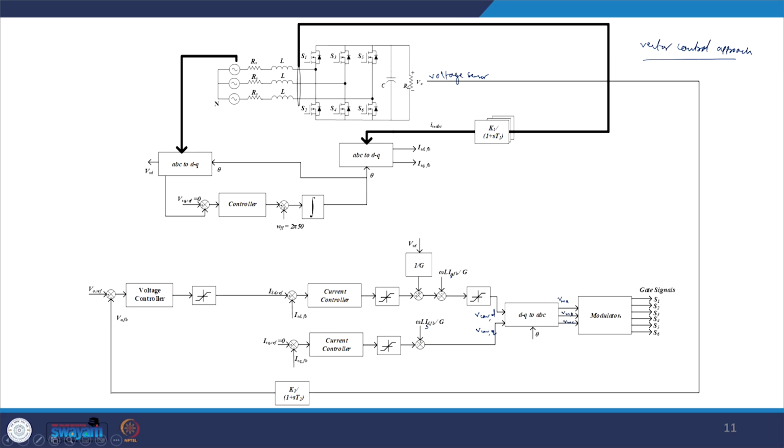The modulator is nothing but comparing this modulating wave with the triangular carrier going from 0 to 2 VC, and that is when we will get the required S1, S2, S3, S4, S5, S6 gate pulses, because we just do the comparison. If my modulating wave is greater than the carrier, then the top switch is on in that phase, and if the modulating wave is smaller than the carrier, then my bottom switch is on in that phase, and that gate signal goes to do the gating of these switches.